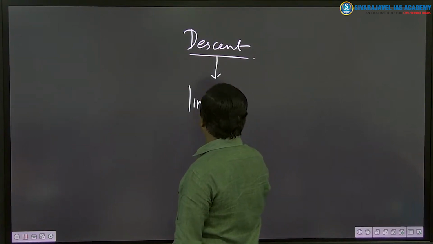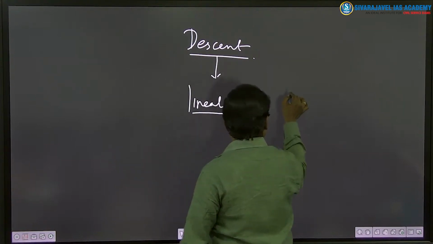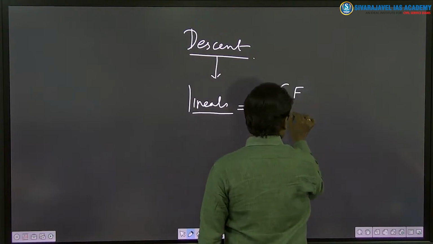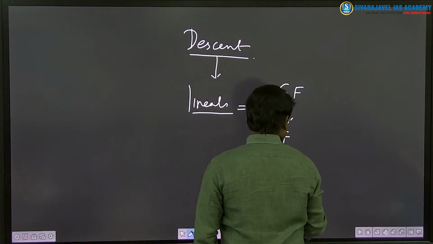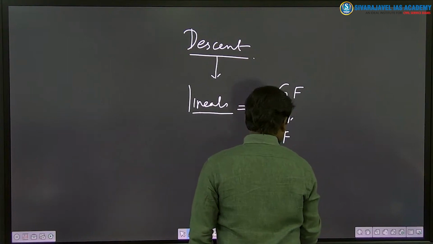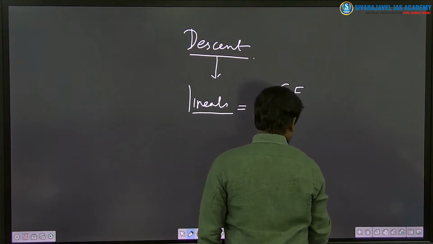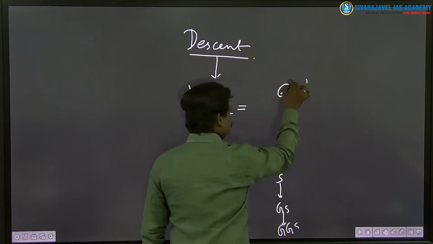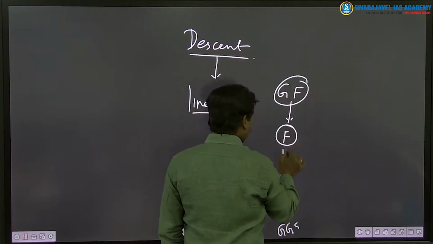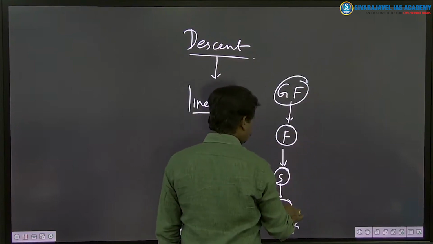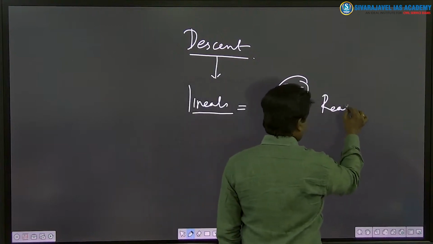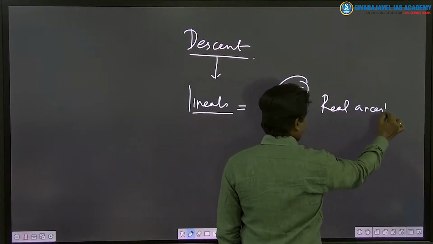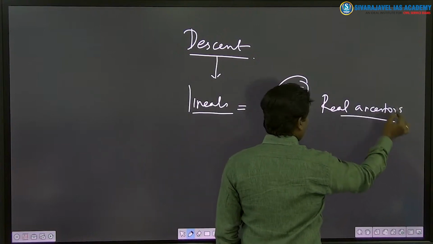Lineals means grandfather, father, son, grandson, great grandson. So you are connecting yourself with your ancestors. These ancestors are who? Real ancestors. They are real ancestors.